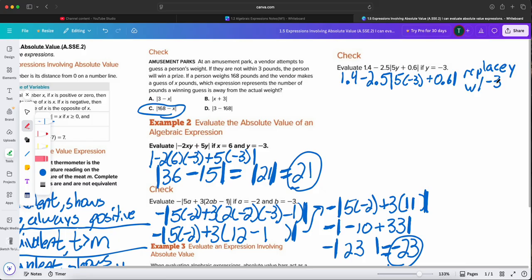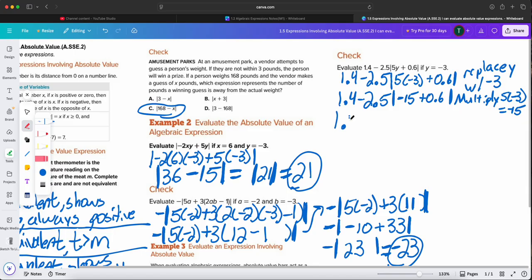Then we have to go through and solve our grouping, which is our absolute value. Inside our absolute value, there's no more grouping, and there are no exponents, so we move on to the multiplication. 5 times negative 3 is negative 15, so plus 0.6. We would say multiply 5 times -3 equals -15.